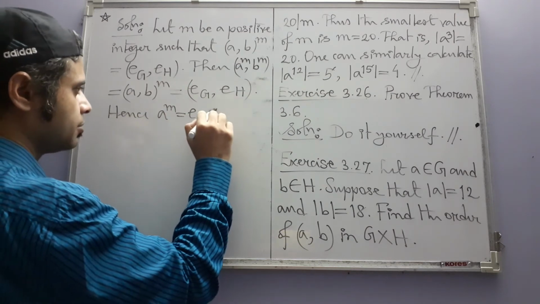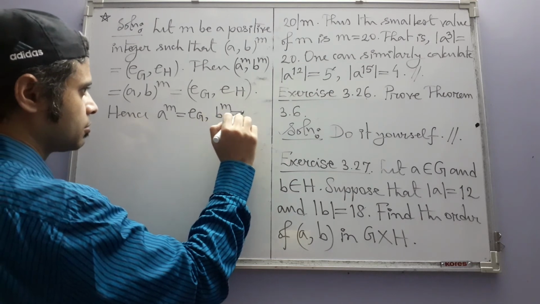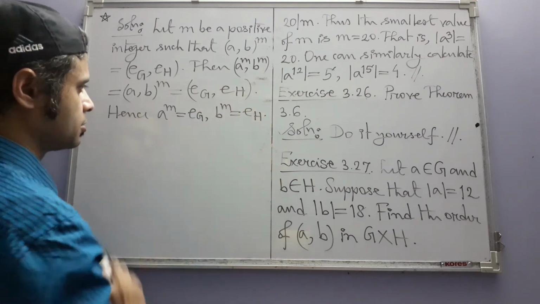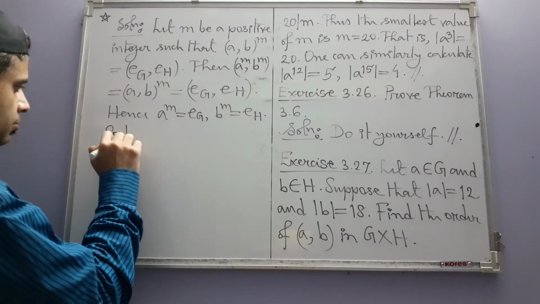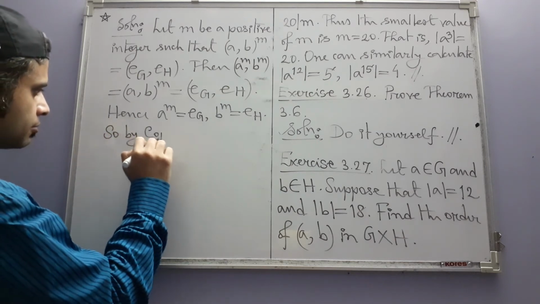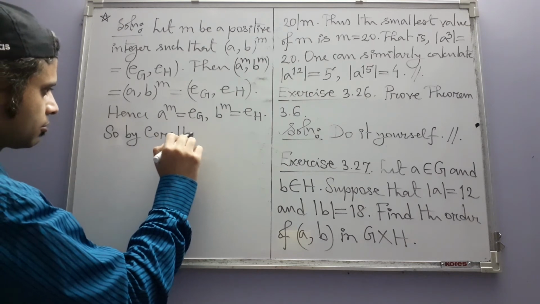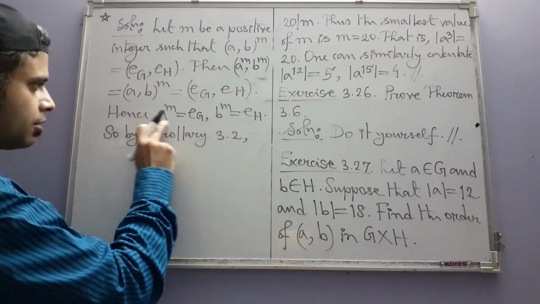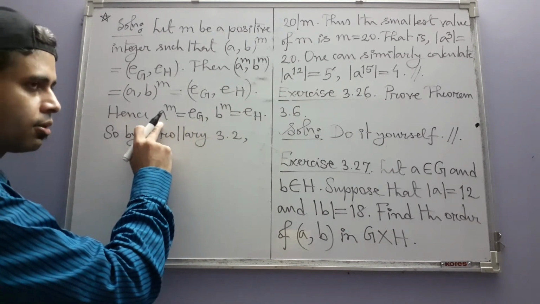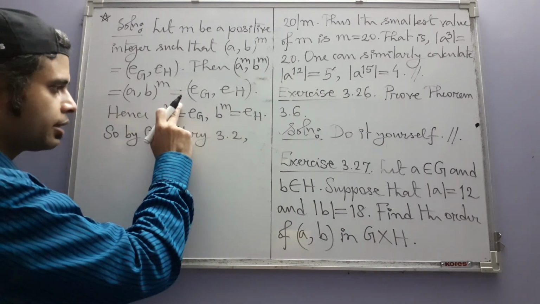this and this. So by corollary 3(2), when you have an equation like this and you know the order of A, it has to divide the exponent.